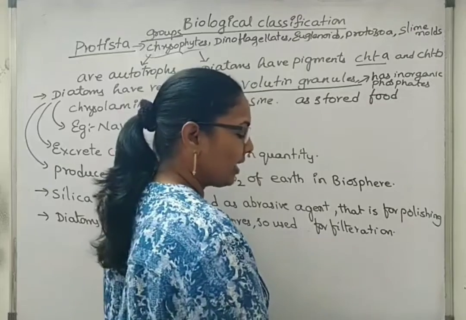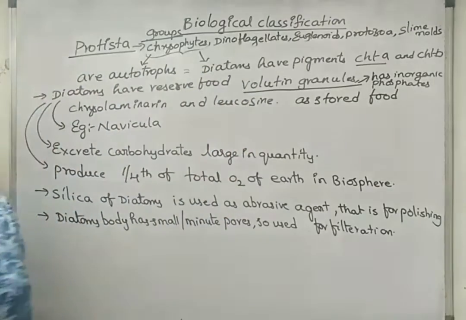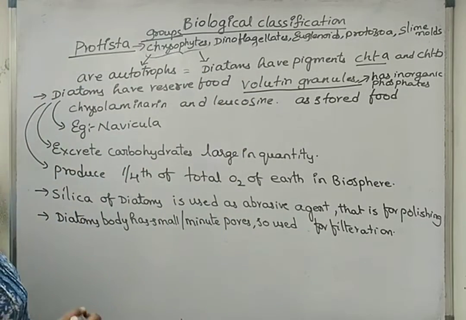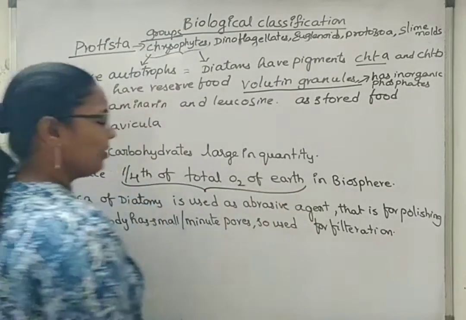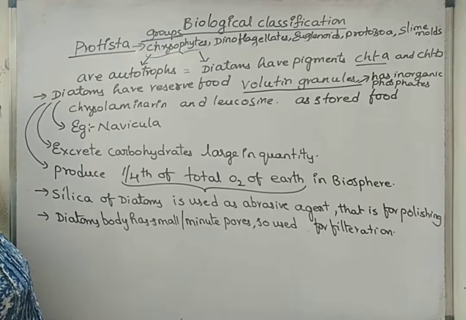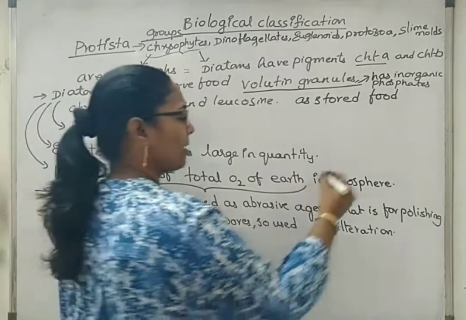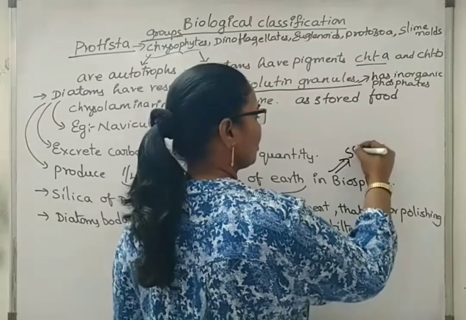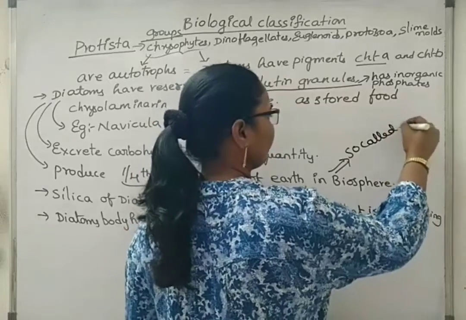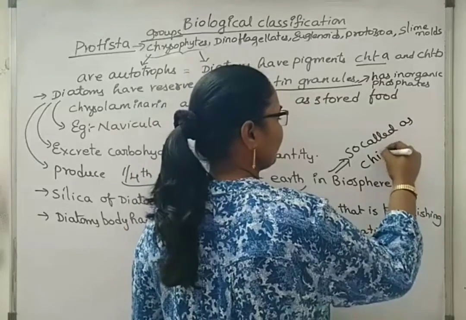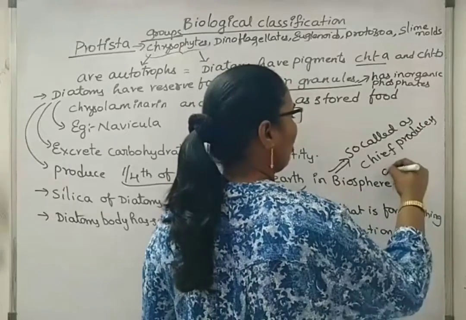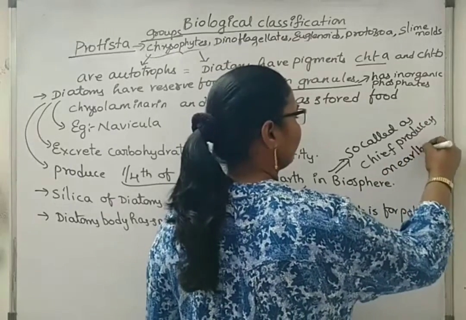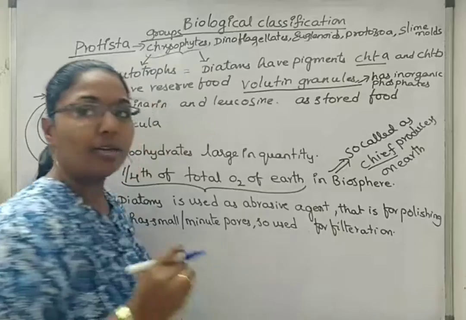Diatomaceous earth or diatoms are given a special term, chief producers on earth, because they produce nearly one fourth of the total oxygen of earth. Chief means main or important.